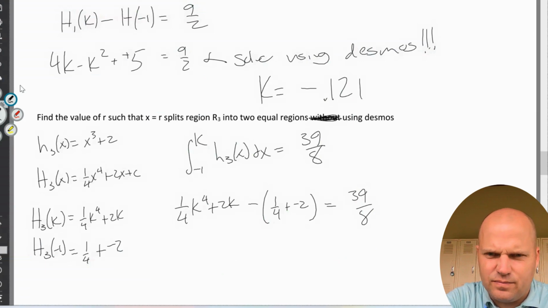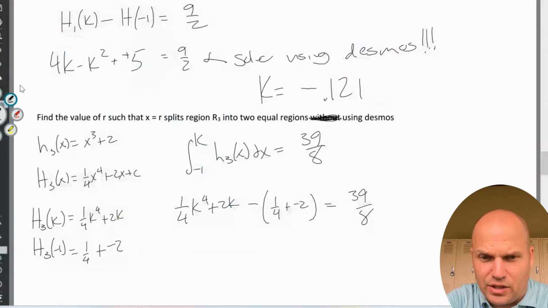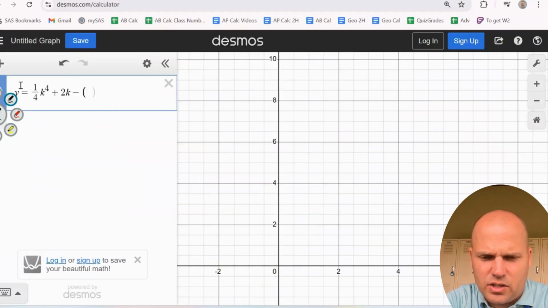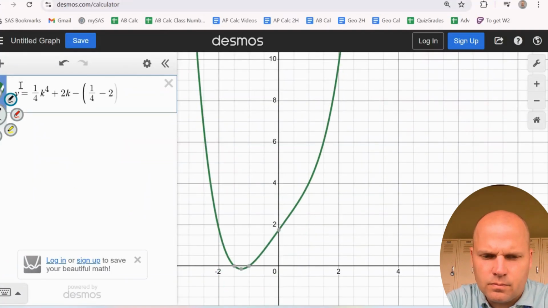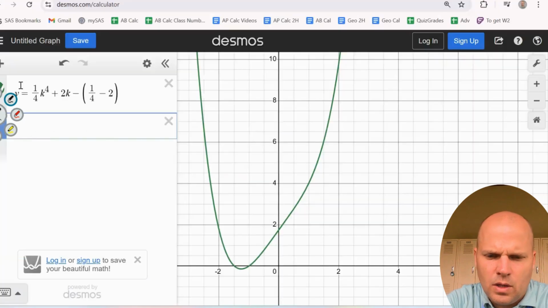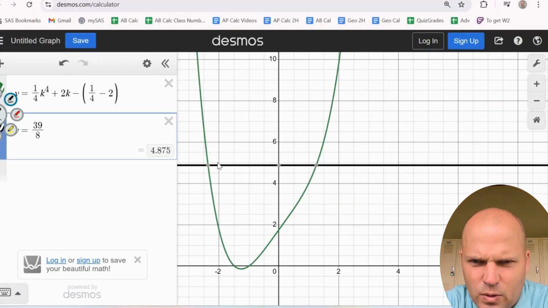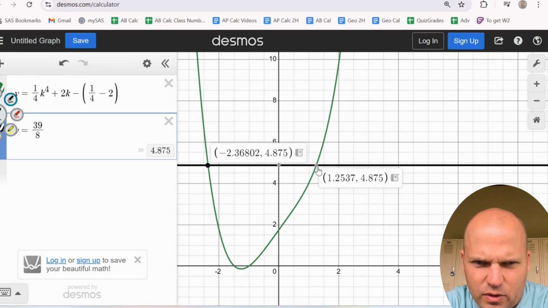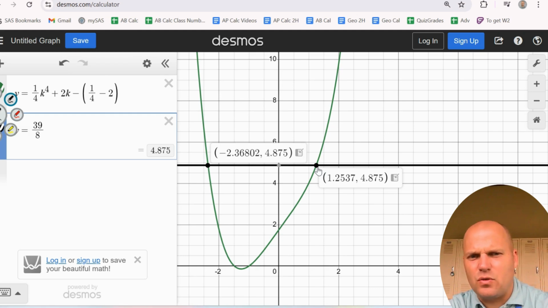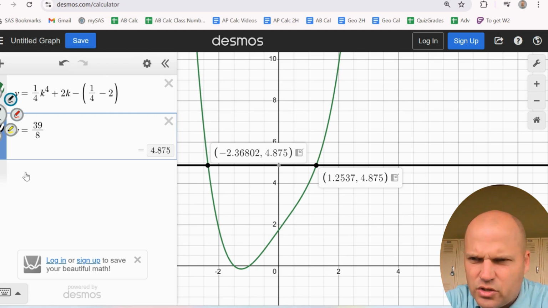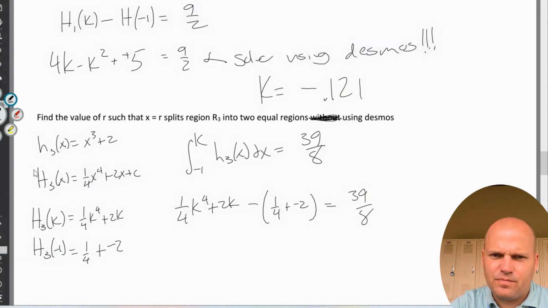You could use x's, but actually, I love using k's. Minus 1/4 minus 2. That equals 39/8. I have two intersections. One falls in my interval, and that's at 1.2537. So that's my answer.